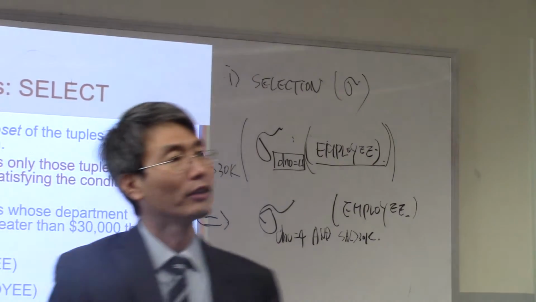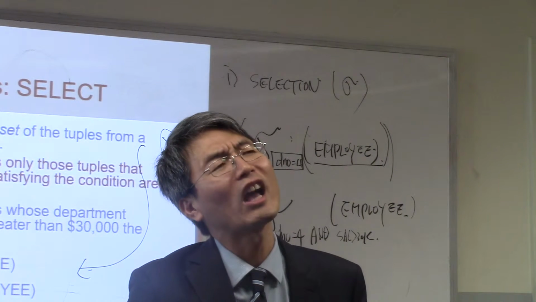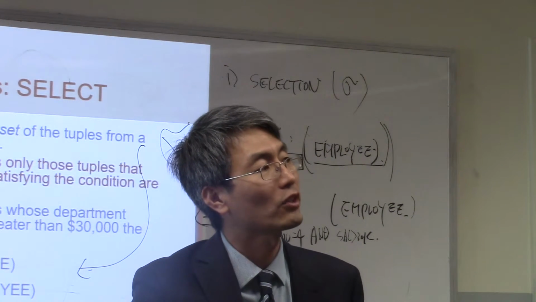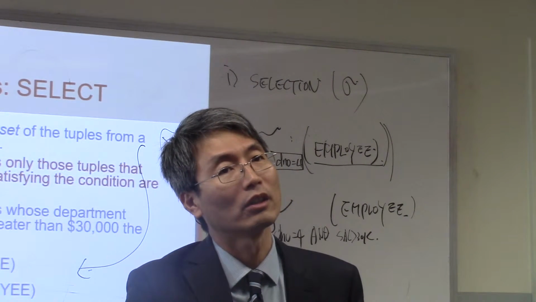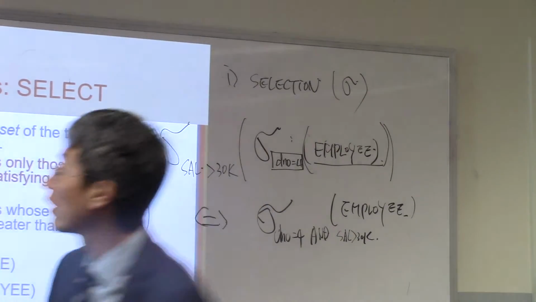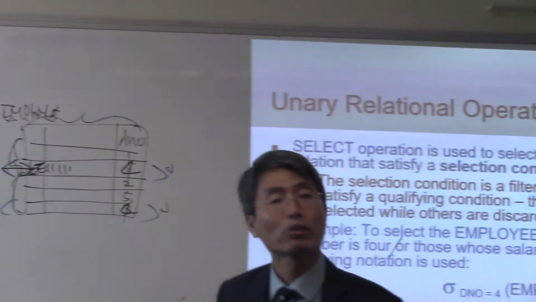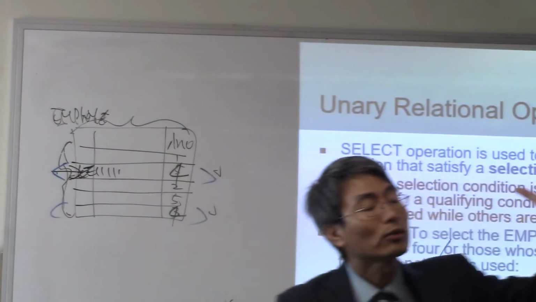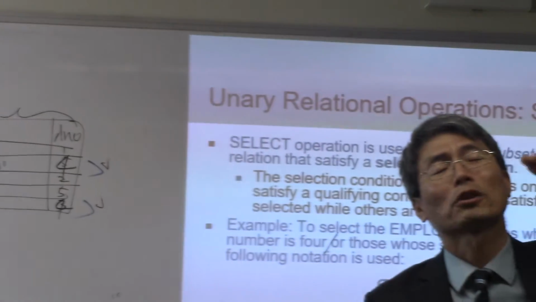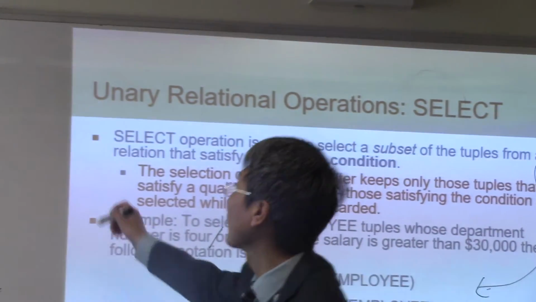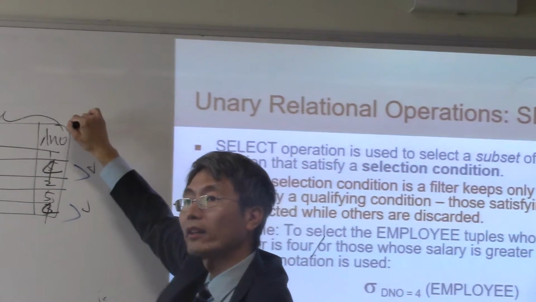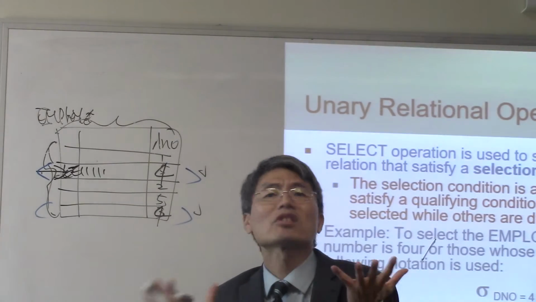What about attributes? What is another definition of the relation? A group of data, a group of tuples, also a group of attributes. According to the definition of the relational model, there is not much difference. The number of attributes and the number of tuples are the same thing.